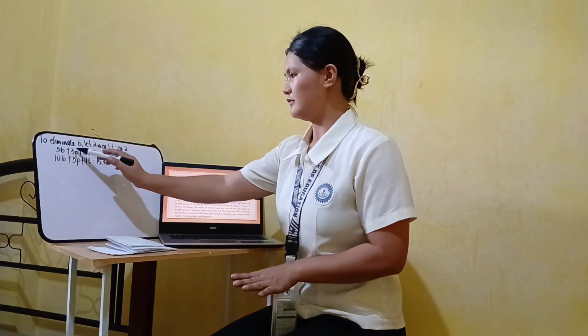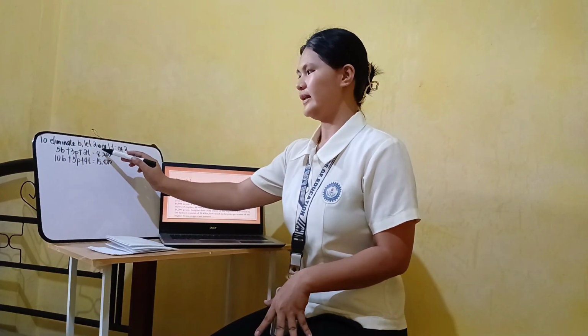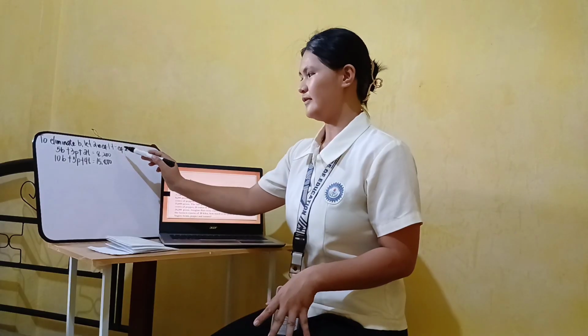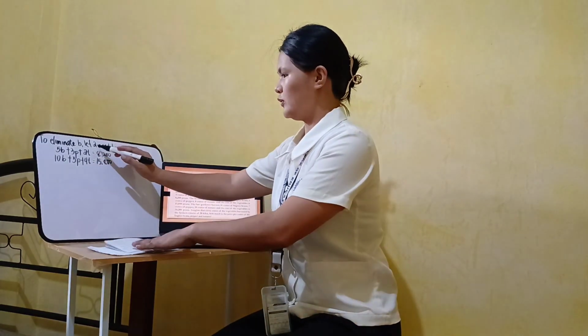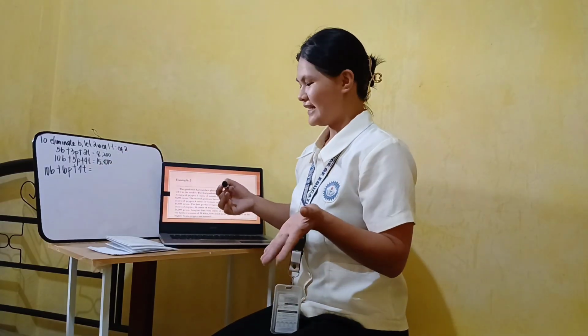So to eliminate variable B, let 2 times equation 1 plus negative equation 2. So 2 times 5 is equal to 10b plus 2 times 3 is equal to 6p plus 2 times 2 is equal to 4t, and 8,200 times 2 is equal to 16,400.